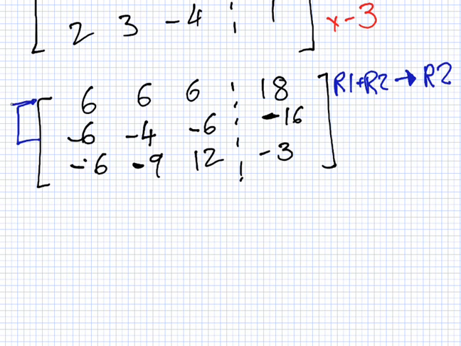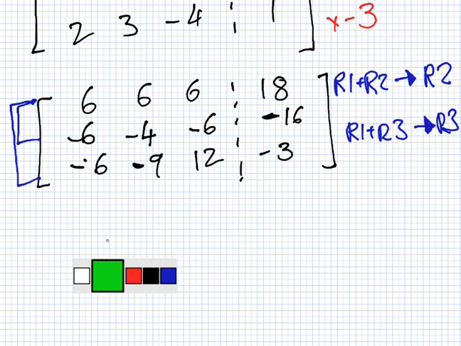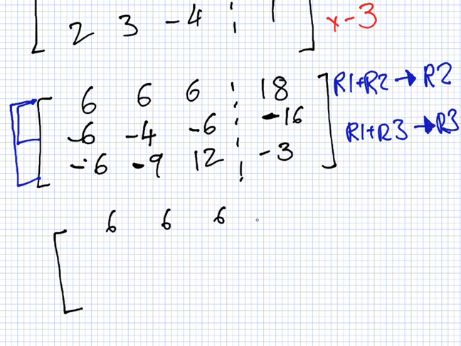And I'll do this one as well, row 1 plus row 3, and put the answer in row 3. Okay, so which row is the only row that I'm keeping the same? Row 1. Row 1 is the only one that's not getting something new. 6, 6, 6, 18.